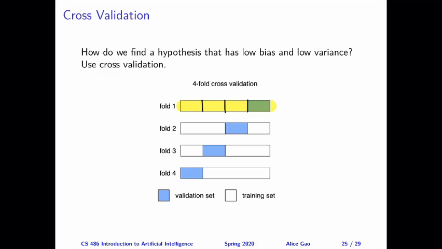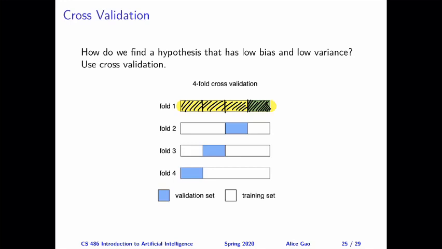And then for four-fold, we're going to do the training 4 times, right? So for each fold, we will leave one partition as mimicking the test set. And we'll call this set the validation set, validation data. And we'll use the rest of the partitions, here the 3 other partitions, as our training set.